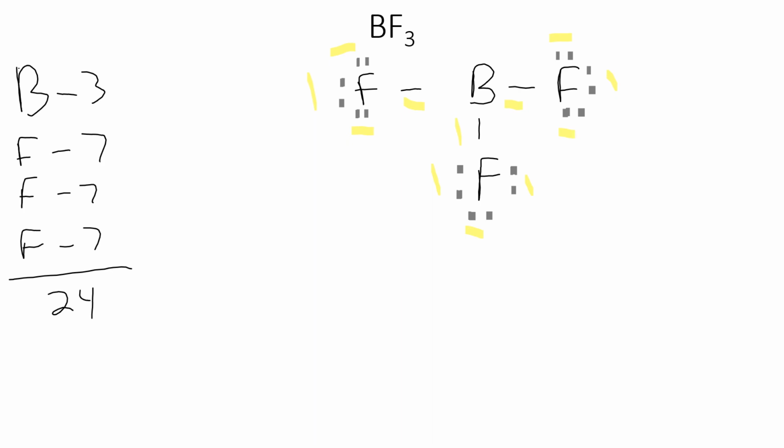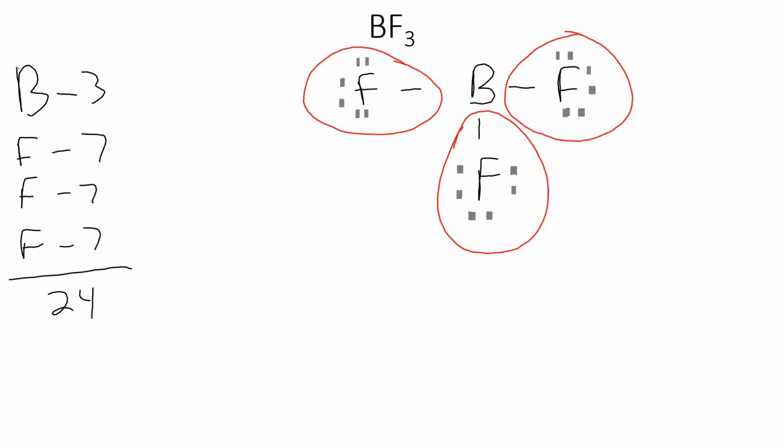Yes, you have 24 electrons, so that looks good. Next, you would check for your octet rule. So checking for your octet rule, you'd start by looking at the outer fluorines, and you'd see that each outer fluorine does have 8 electrons in its area, so those are good.